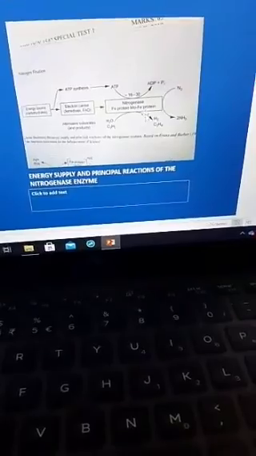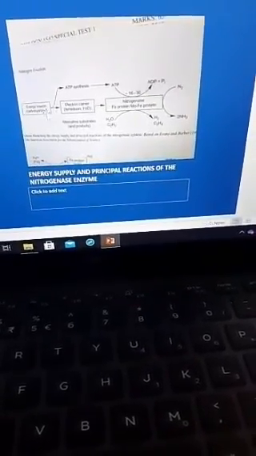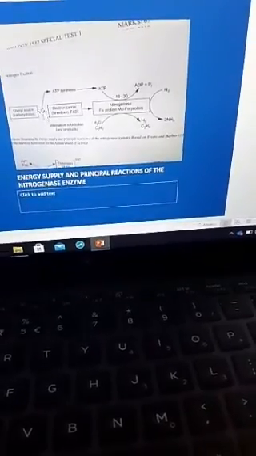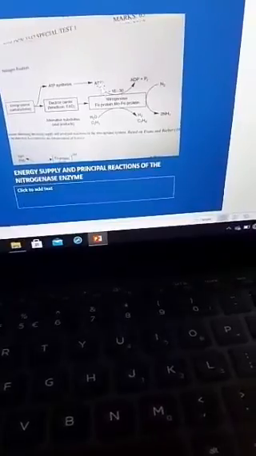The carbohydrates coming from the plants are converted into ATP.